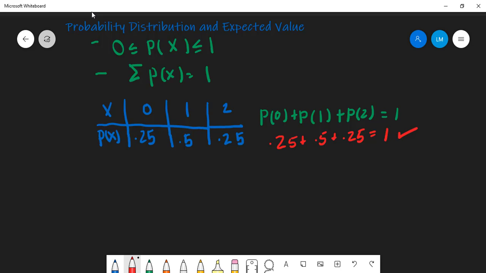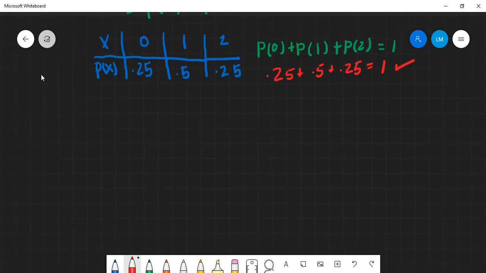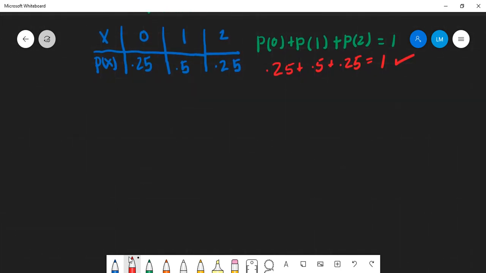Now, let's say that we don't have a probability distribution table, but we know the specific experiment that's being conducted.